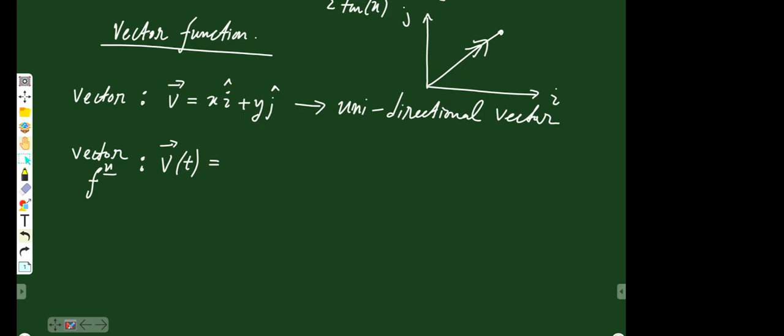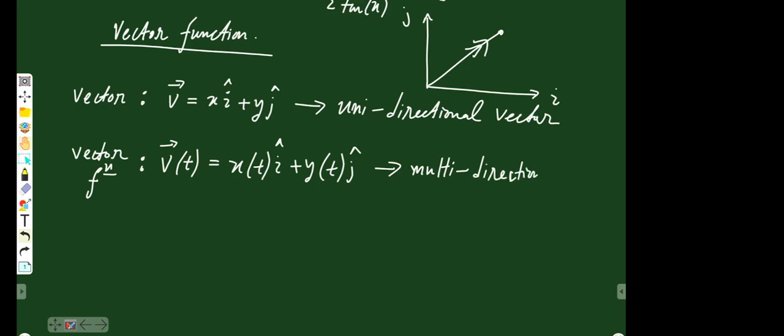So if v is a function of time, so this x is a function of time, right? Y is a function of time, right? So this is called a multidirectional vector.